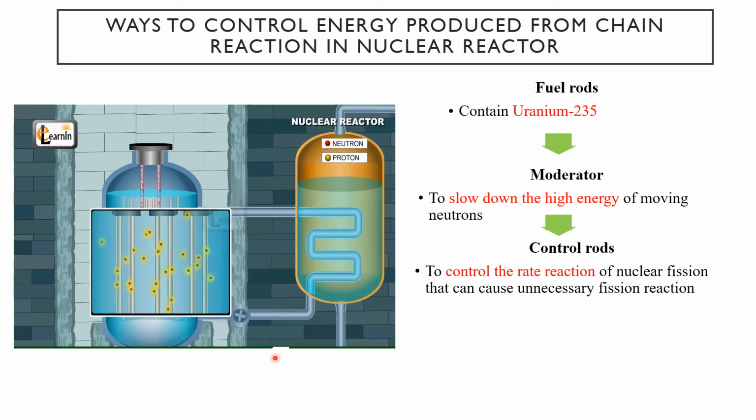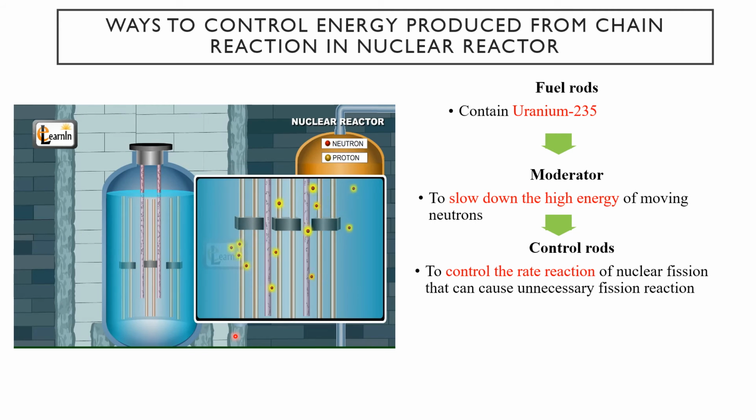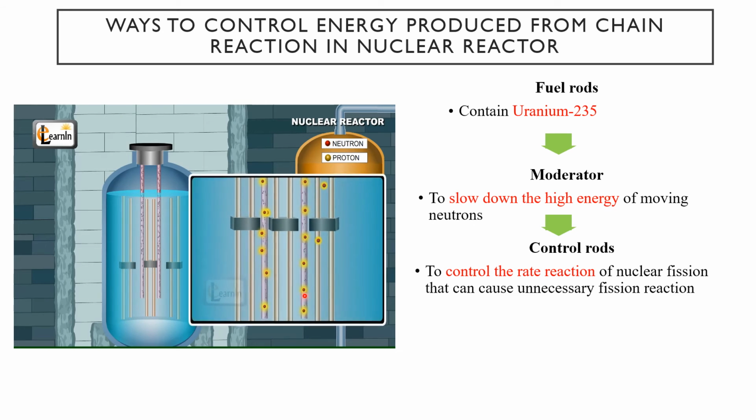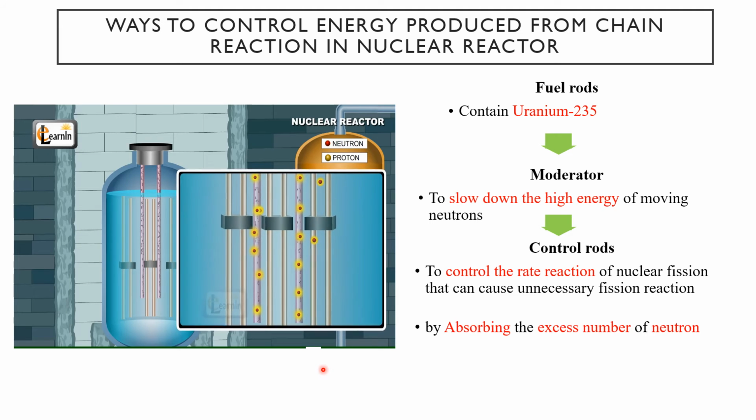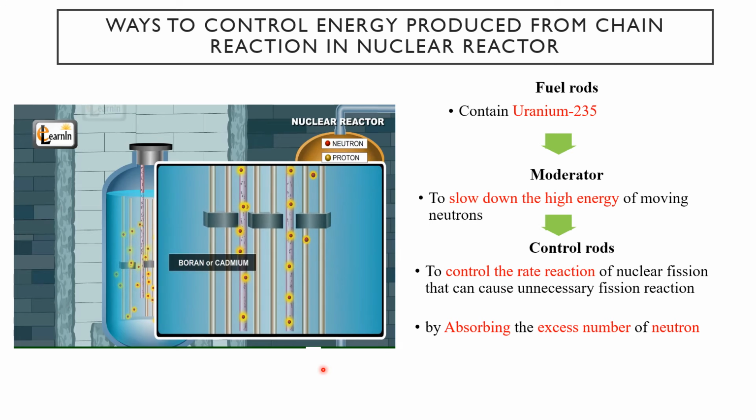So the control rods can control the number of neutrons produced by absorbing the excess neutrons in the moderator. Usually, these control rods are made up of boron or cadmium.